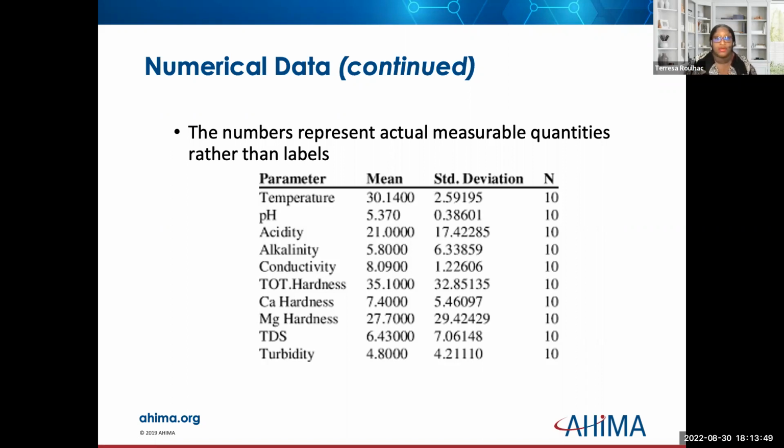Besides here, maybe the number of times a woman has given birth, the number of new cases of cancer in your state within the past 5 years, and the number of beds available in your hospital. These are all different examples of actual measurable quantities rather than just labels, okay?